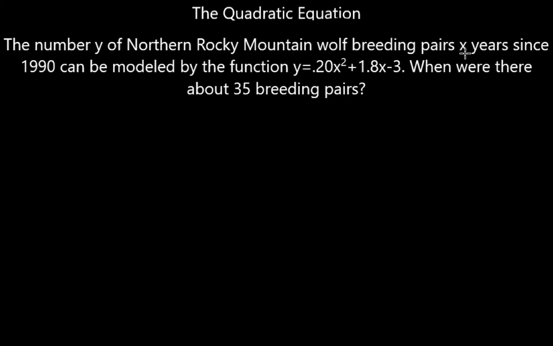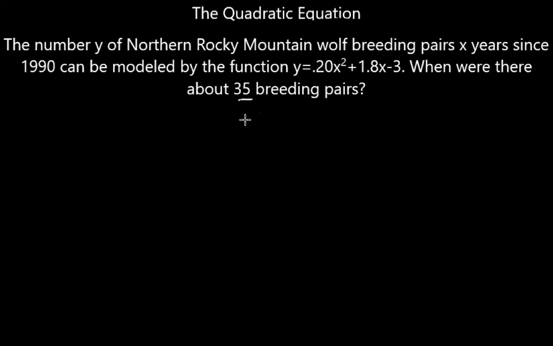So x is our independent variable, and y is dependent. This is what's going to vary, and they say that it can be modeled by the function y equals 0.20x squared plus 1.8x minus 3, and our job is to find out when there are 35 breeding pairs.